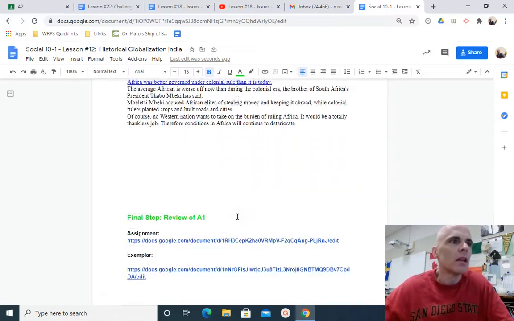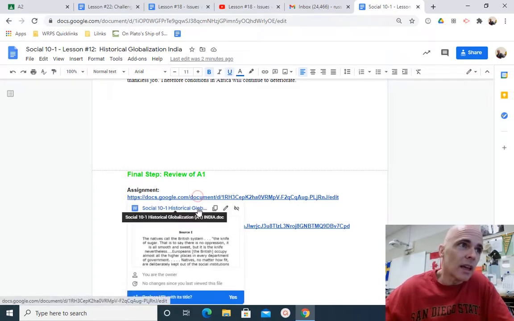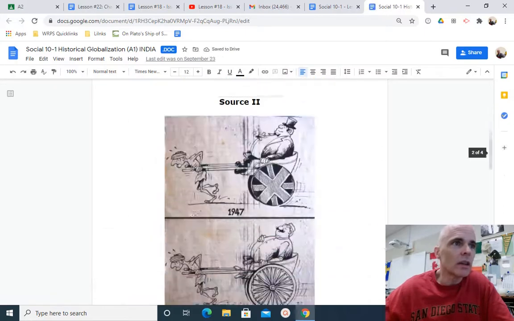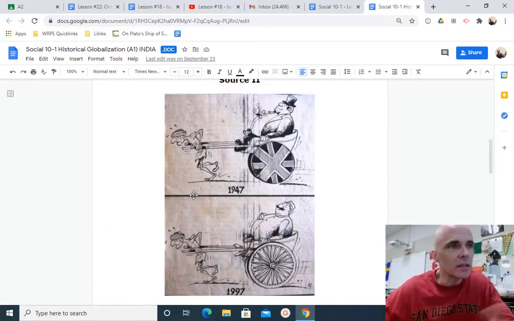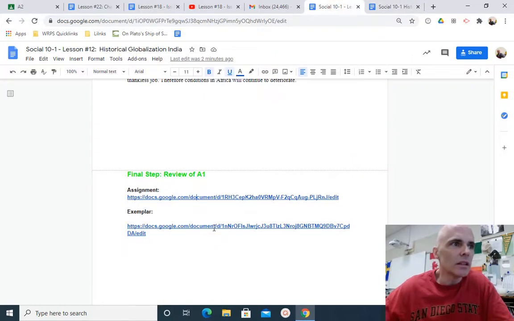The final thing I'd like you to do with India is I do have an A1 that we've used in the past, and there's a link to it here. There's that knife of sugar quote, and then there's a great cartoon that you may see on a final exam or on the unit exam here, and then there's a quote from Gandhi. And then what I've done here is said, you know what?